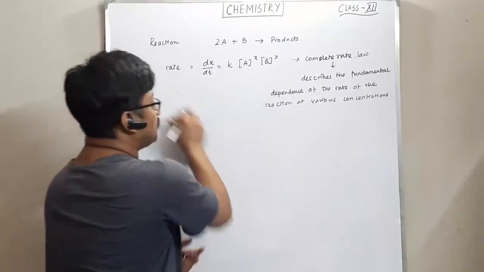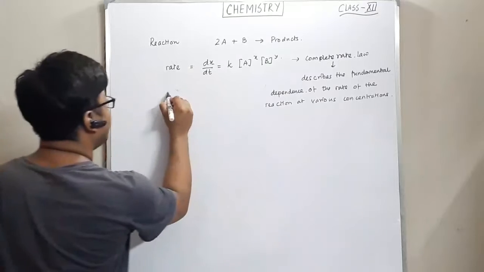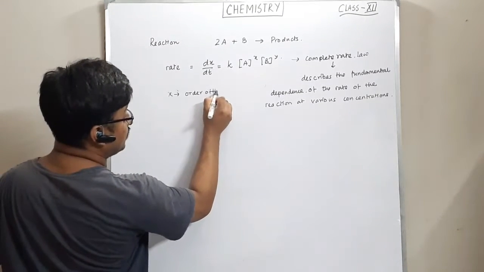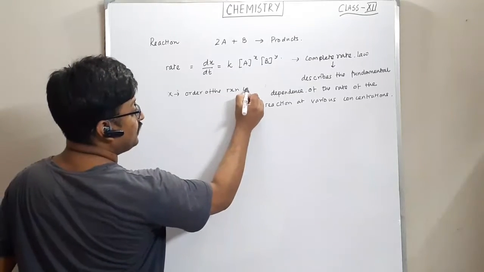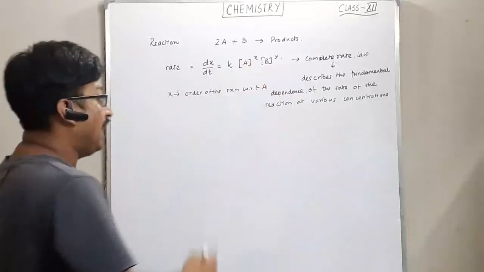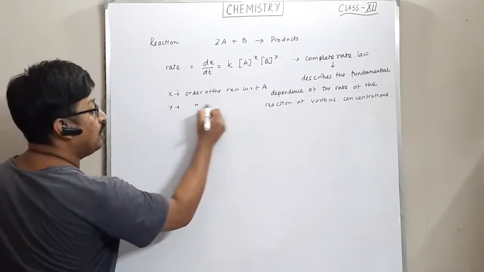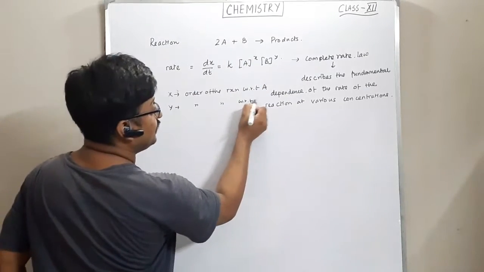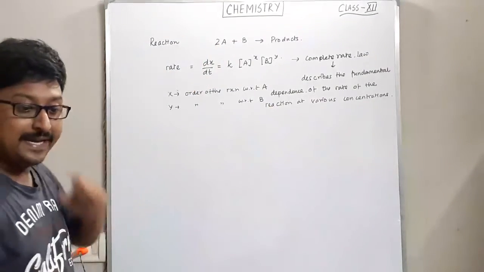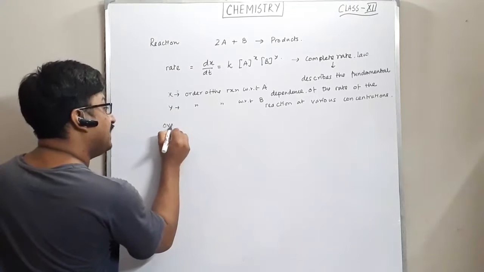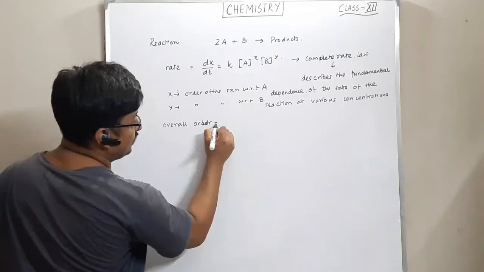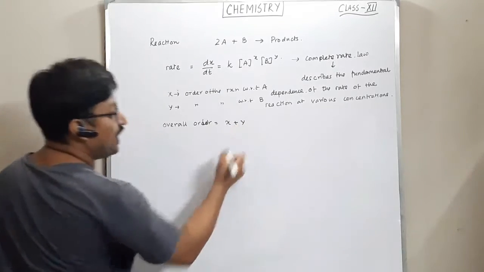This x is the order of the reaction with respect to A, and y is called the order of the reaction with respect to B. And the overall order of the reaction is x plus y.